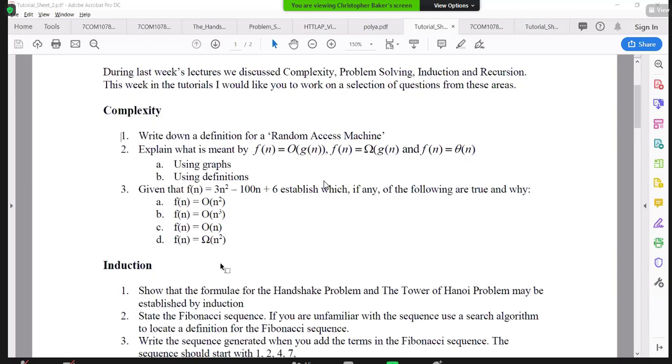I always think when we do these complexity notations, it's a good idea to think about upper and lower bounds, what it actually is, before we start looking at formal definitions. Then once you've done that, look at question 3. If you get stuck, please put it in the chat as usual. As I said before, question 1 should be relatively straightforward. It's just finding out what the definition of random access machine is.